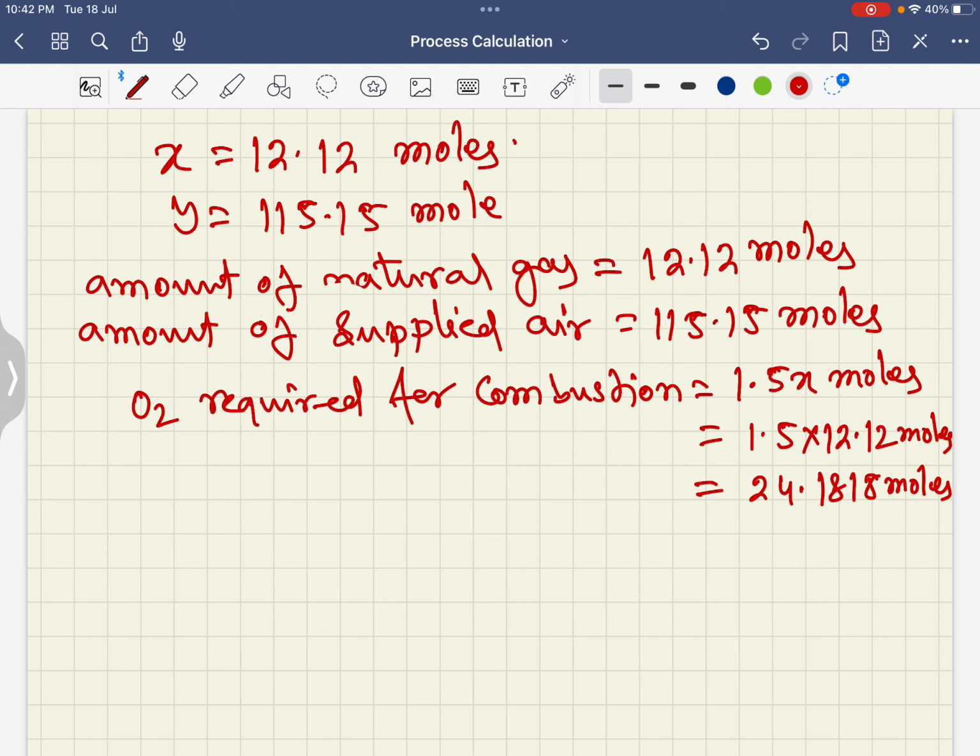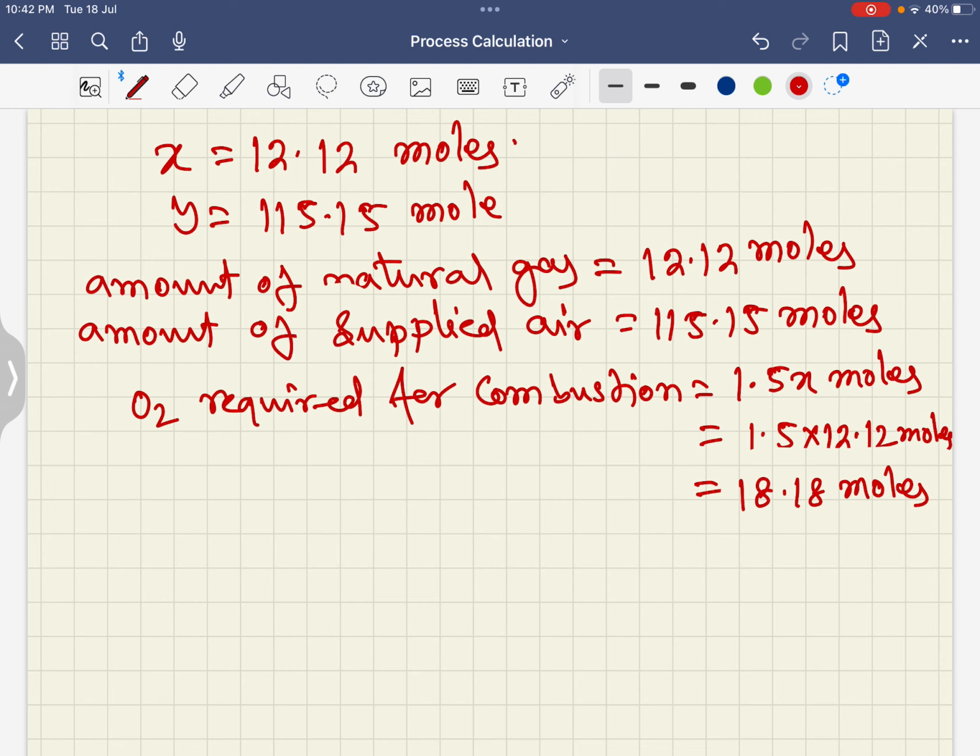We can do the calculation, 1.5 into 12.12. That is okay. So that is not 24, that will be 18.18 mole. So that is oxygen required for combustion.